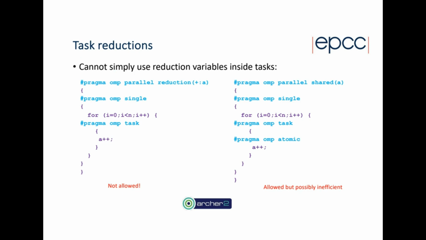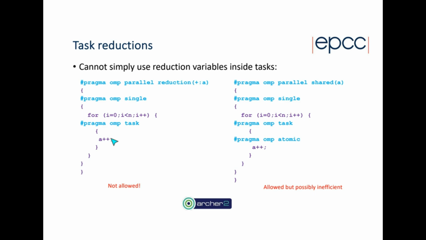Okay, and the final thing I want to say about tasks is that there's a complication with reductions. Unfortunately, we can't simply use reduction variables inside tasks as you might hope. So for example, if I had a parallel region with a reduction variable A at the parallel region level, then I'm not allowed to access that variable inside tasks.